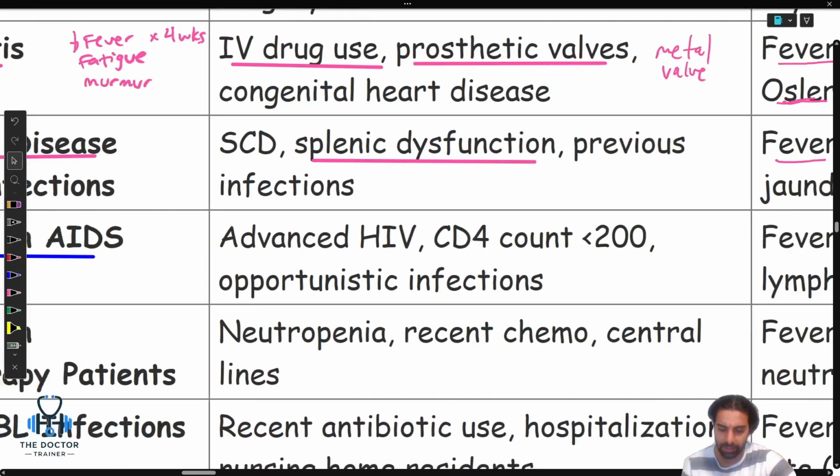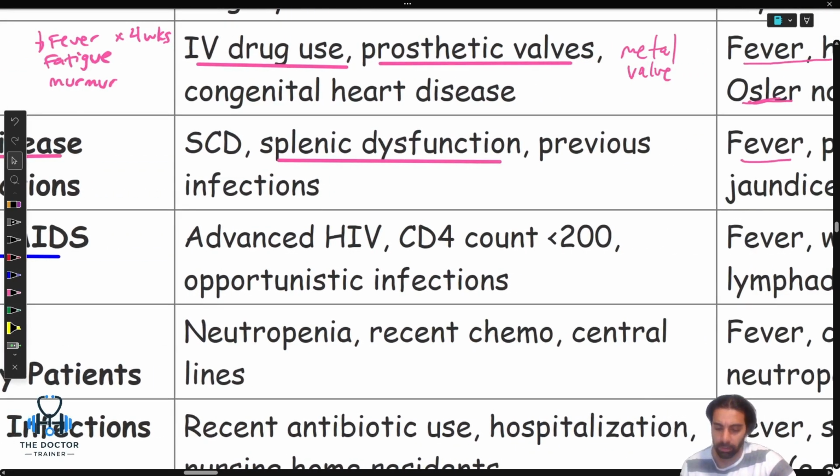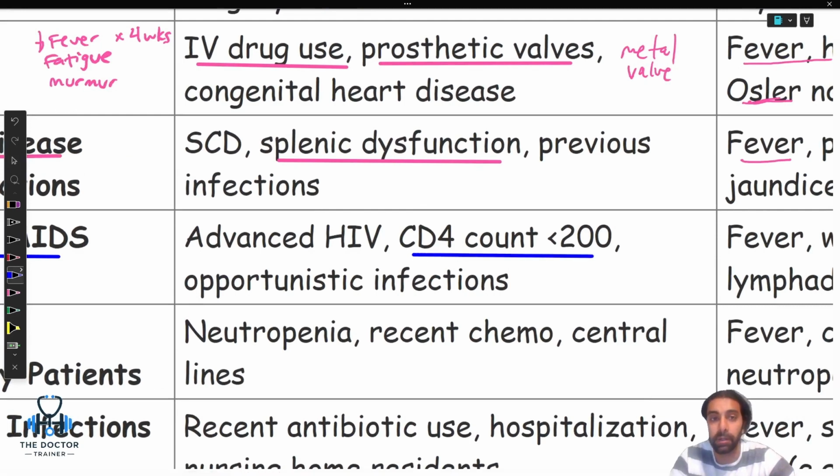So infections and AIDS, and this is very important. If they have a low CD4 count, that's when you're worried. But if they're just HIV positive and they are compliant with their medications, and they have a CD4 count of 300, 400, 500, or greater, they're not susceptible to those AIDS-related illnesses.